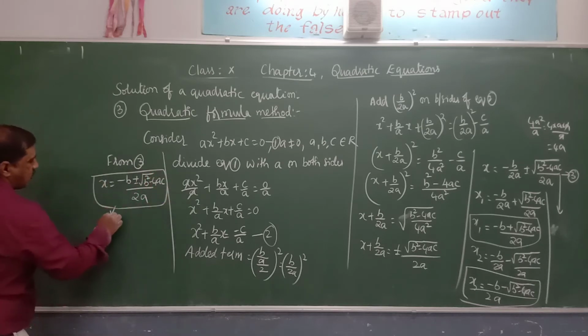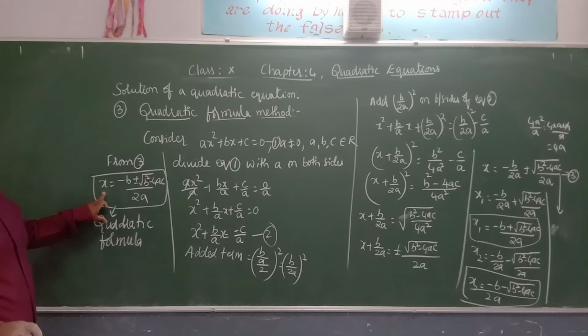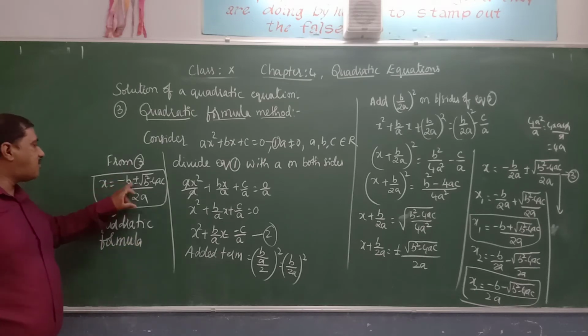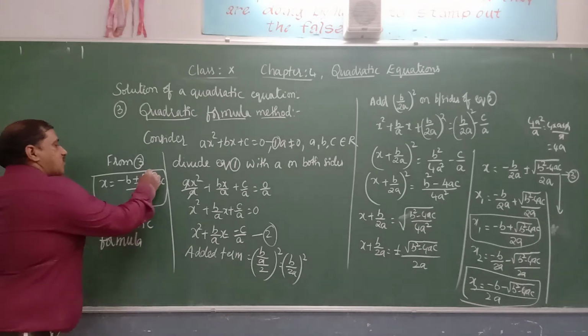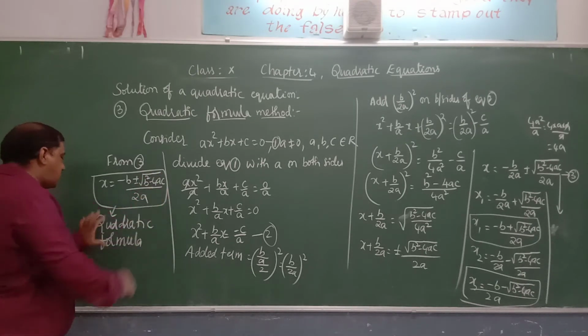This formula is known as the quadratic formula. So x is equal to minus b plus or minus square root of b square minus 4ac divided by 2a is the quadratic formula.